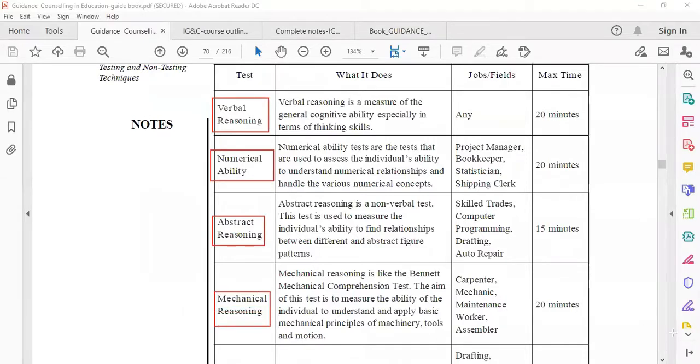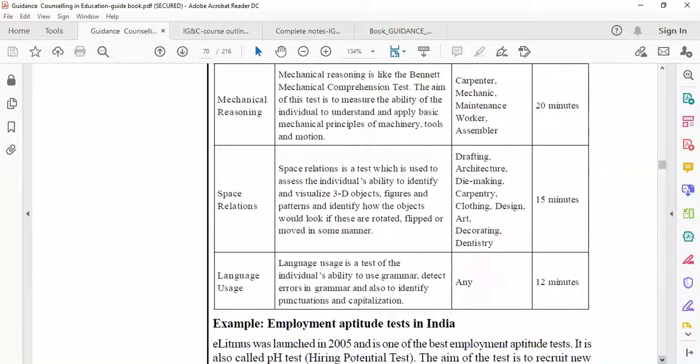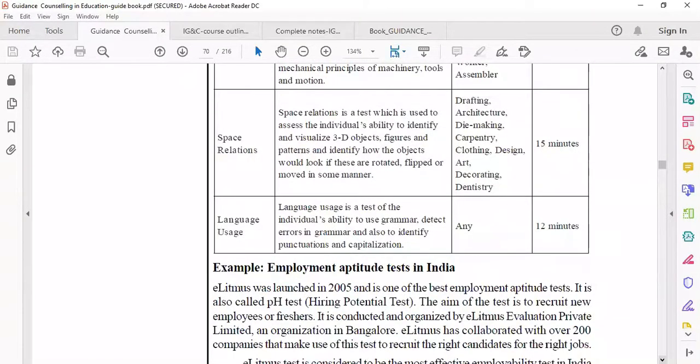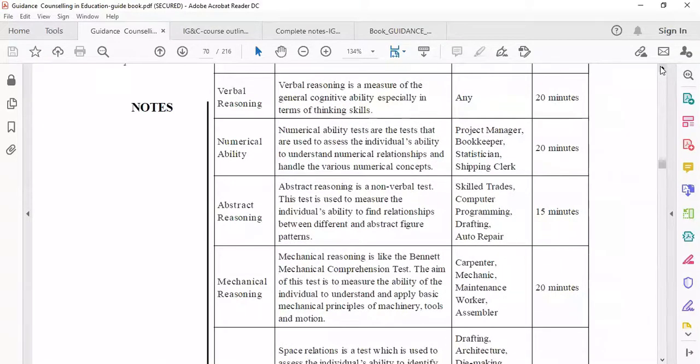From such components, a person who is performing better in a particular domain shows that he has aptitude in that domain. But if a student is not performing well in a certain domain, we reach the conclusion that he doesn't have an aptitude there.